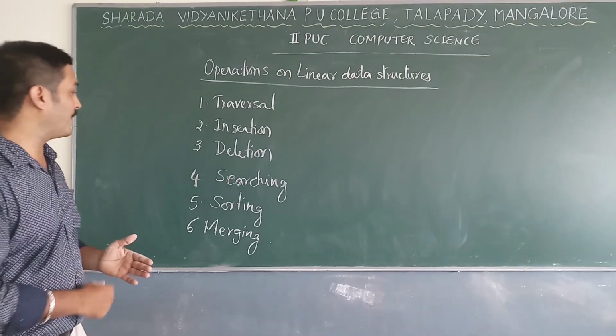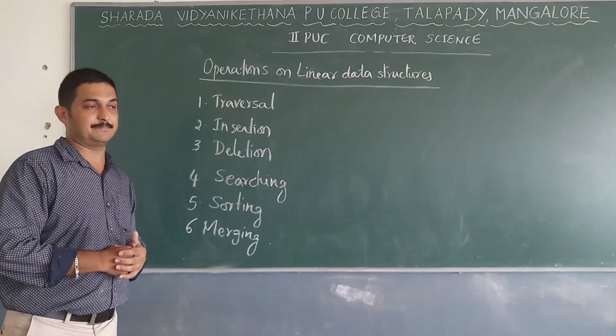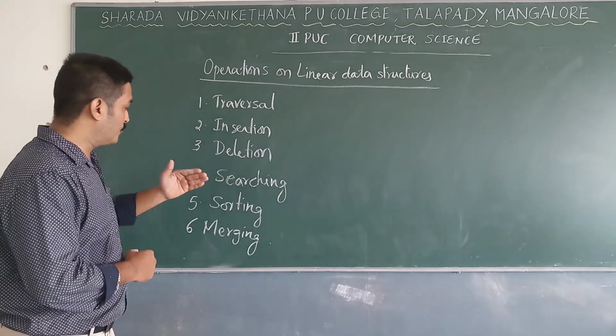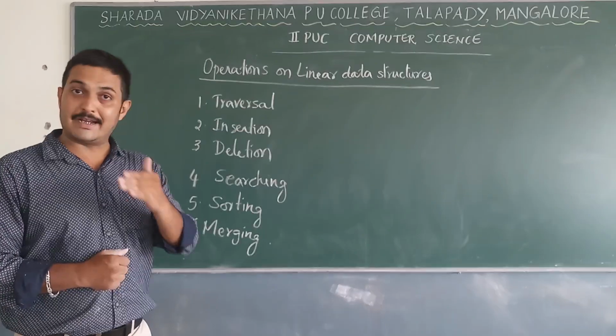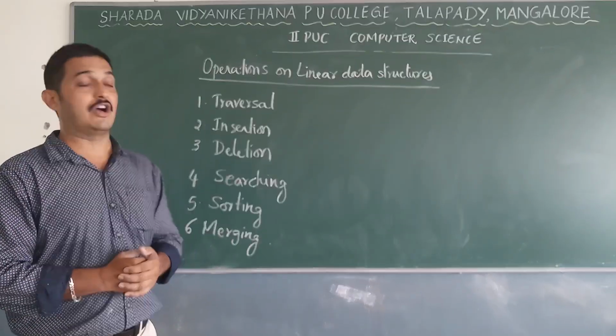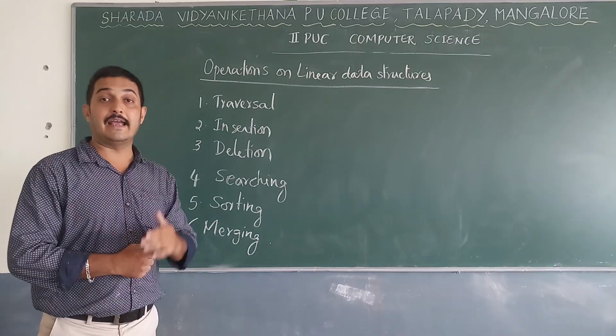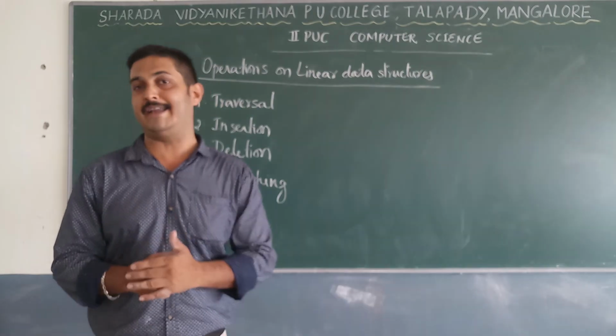The next operation is sorting. To perform the sorting operation, we need an efficient algorithm to get good execution time, access time and space complexity. Sorting means arranging array elements either in ascending order or in descending order.